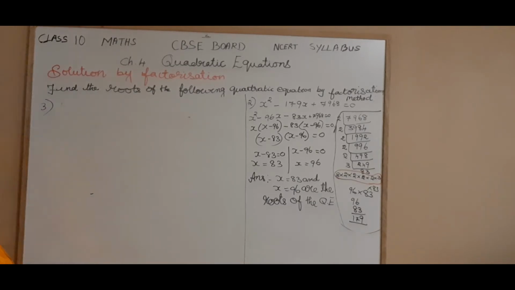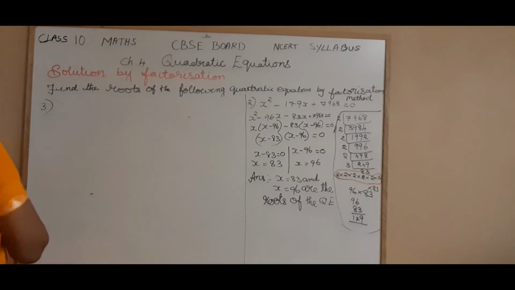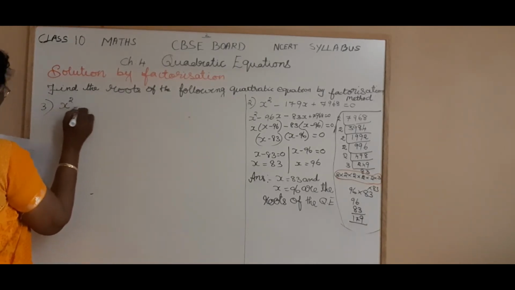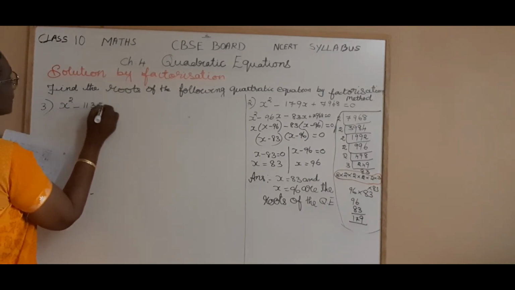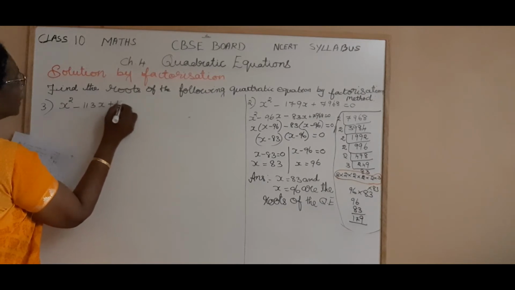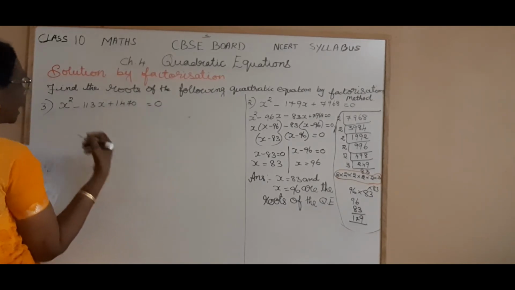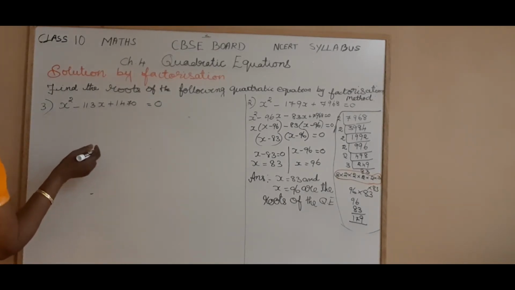The third sum. X square minus 113x plus 1470 is equal to 0. Again the same thing, isn't it? So the product is 1470.